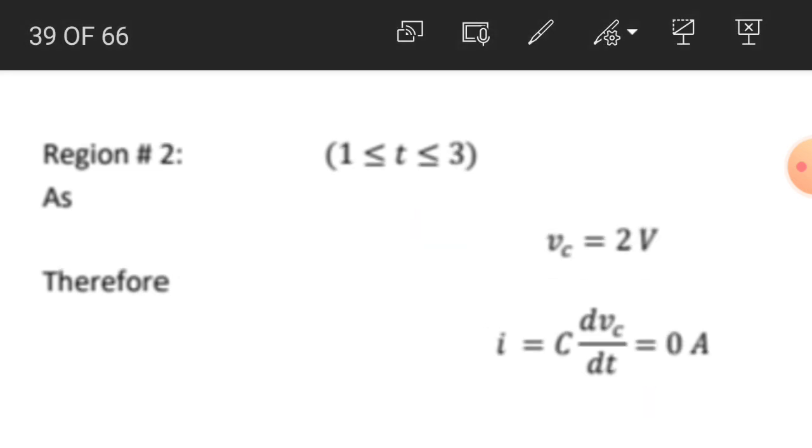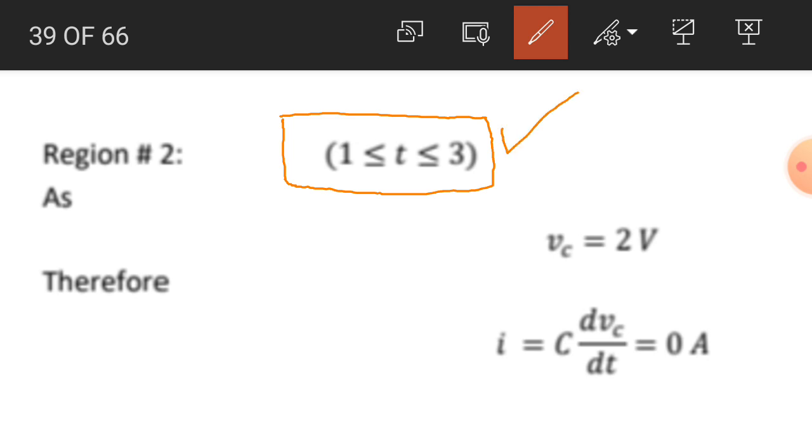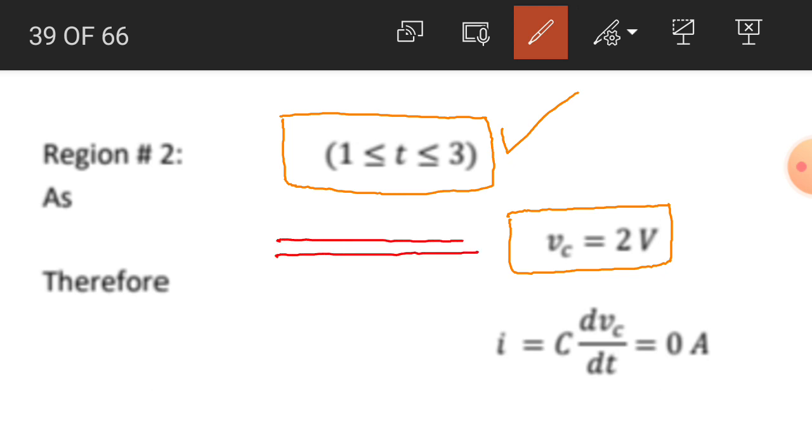We consider region number 2, and in region number 2, the time is changing from 1 to 3. The voltage across the capacitor in region number 2 is constant, which is 2 volt.